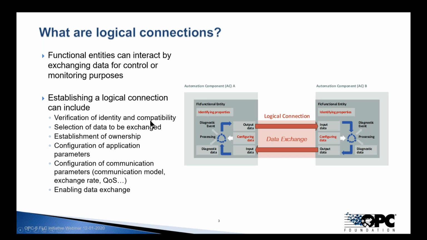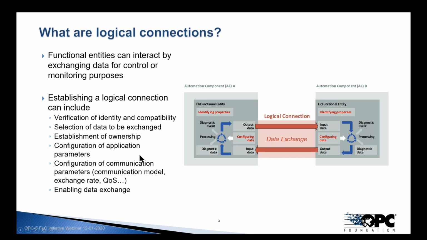So if we got over this hurdle, we check whether the output data we'd like to get from that functional entity and the input data we'd like to provide is valid, of the right data type, for example.